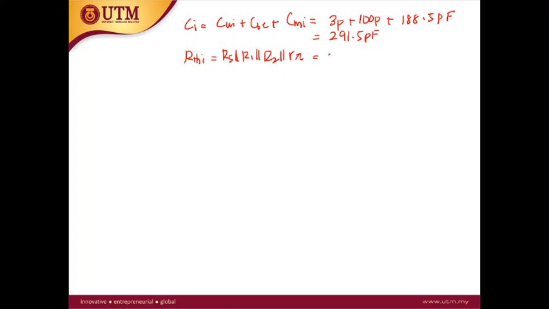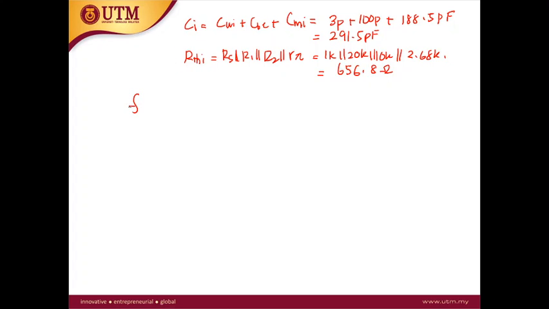RS is 1K, R1 is 20K, R2 is 10K, and r pi is 2.68K. You do the calculation and you should get 656.8 ohm.